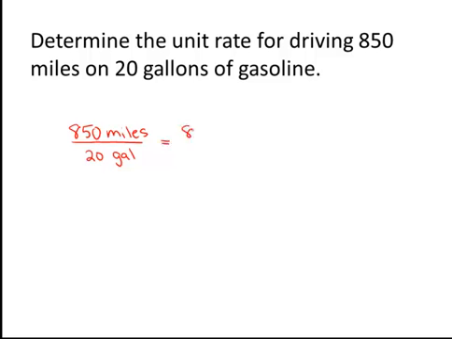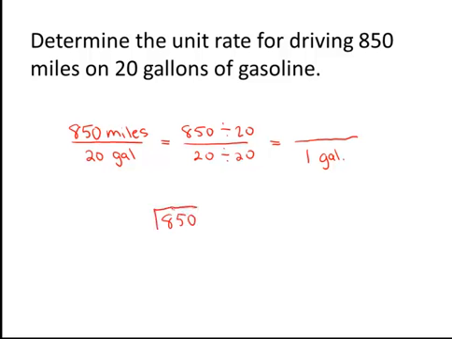We then divide both 850 and 20 by 20, because 20 divided by 20 is 1, and this will tell us how far we can drive on 1 gallon of gasoline. We'll come down below to do the division.